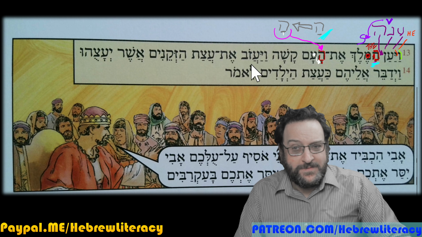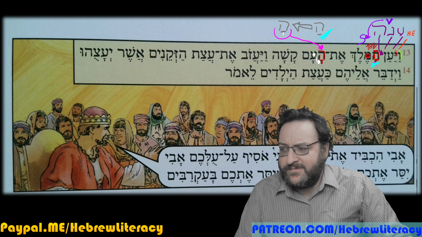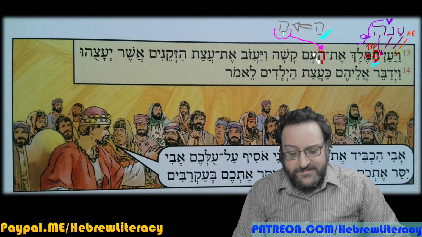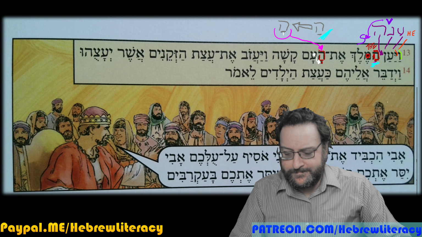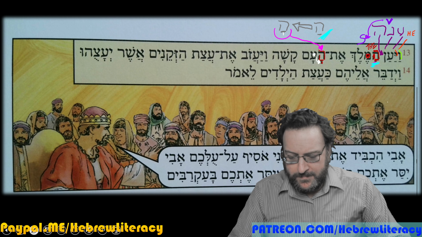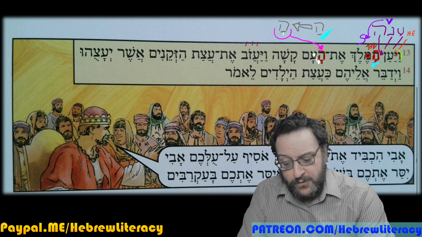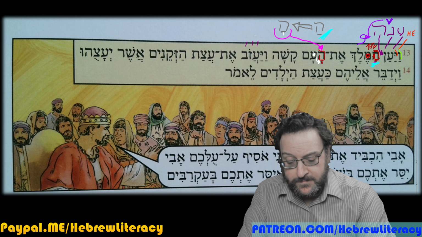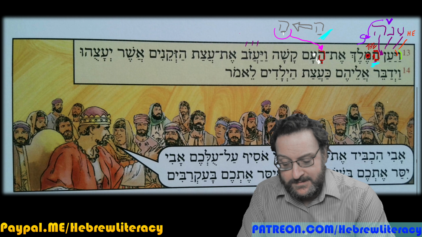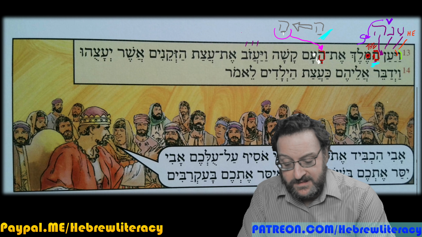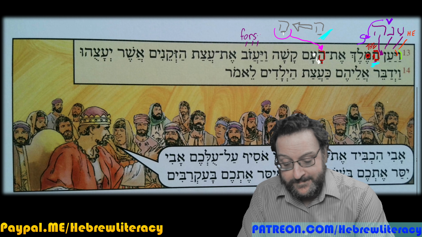So azav is to abandon or to leave. So this, of course, is very famous Psalm 22. Azav Tani, you have abandoned me, you have forsaken me. So abandon or forsake, leave behind. I'll just write forsake, because that's kind of more famous.